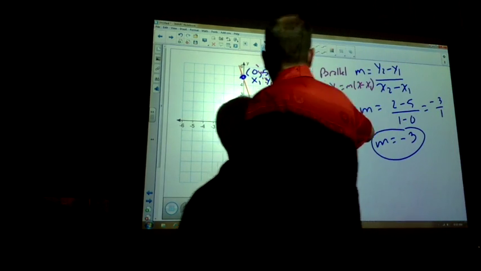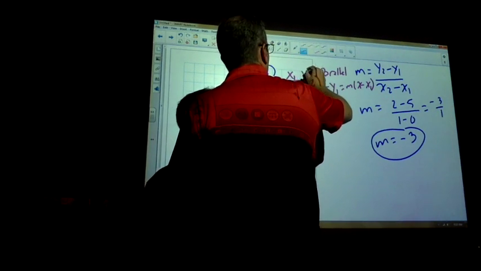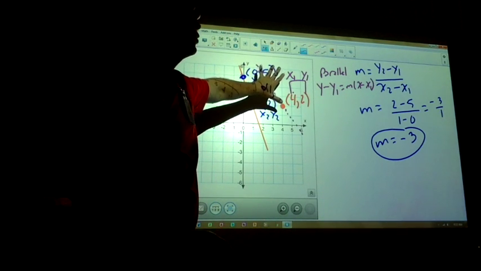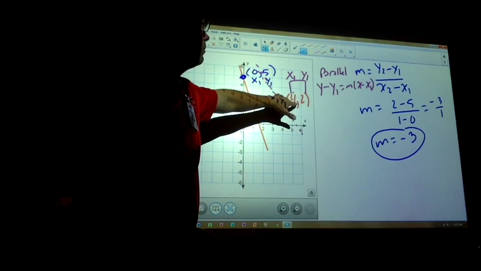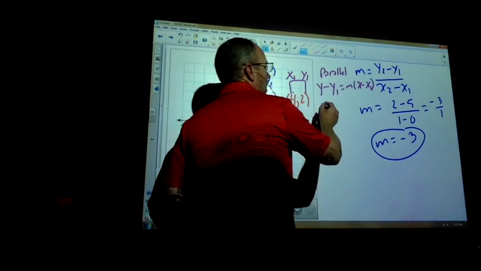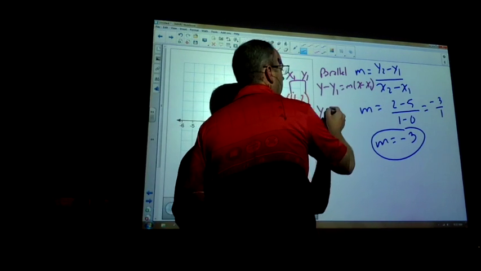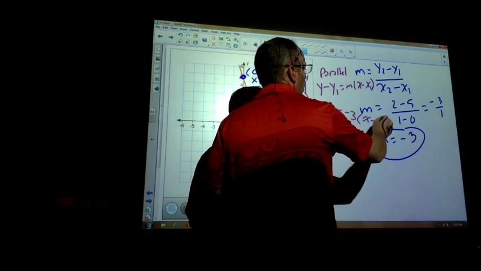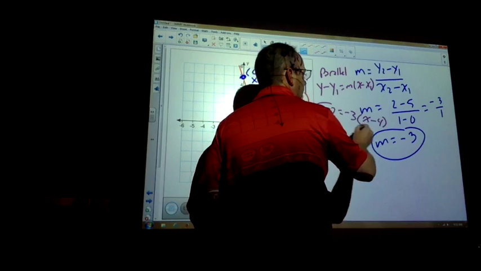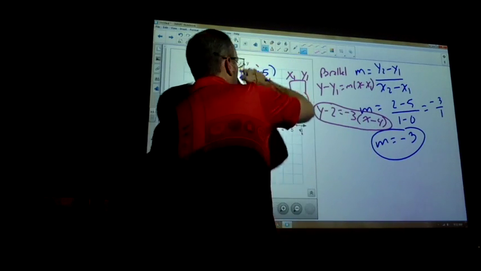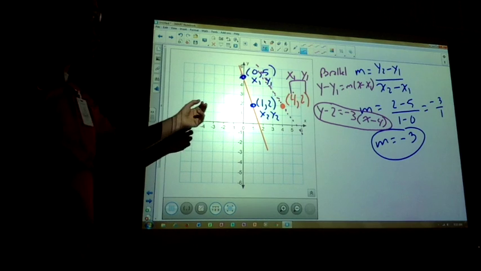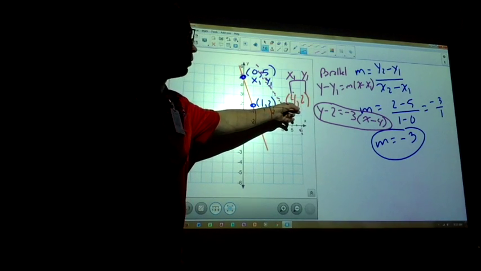So I'm going to label this point now x1, y1. I'm ignoring those were labeled. I know the slope of those. So now I want to plug these points in. So y minus y1, y minus 2 equals negative 3 times x minus 4. So this equation right here is parallel to the orange line, even though we had to superimpose the new dots in there. It also goes through that point.